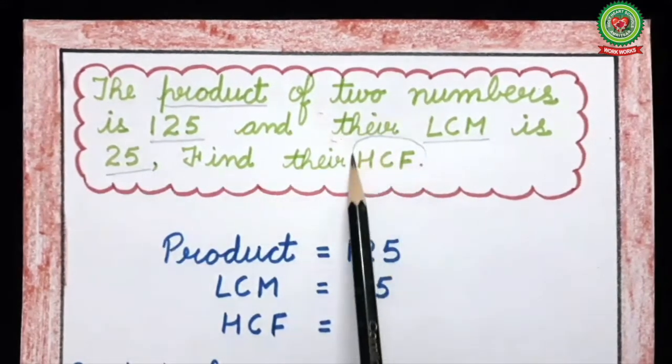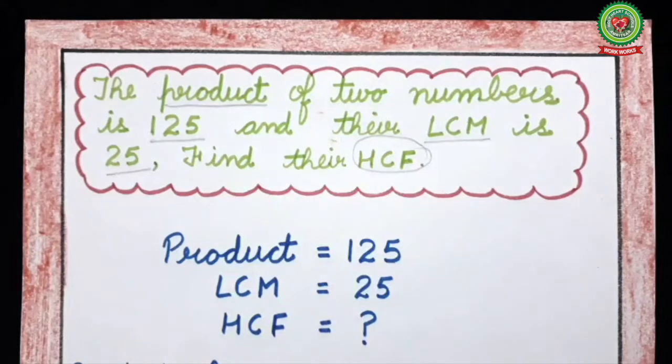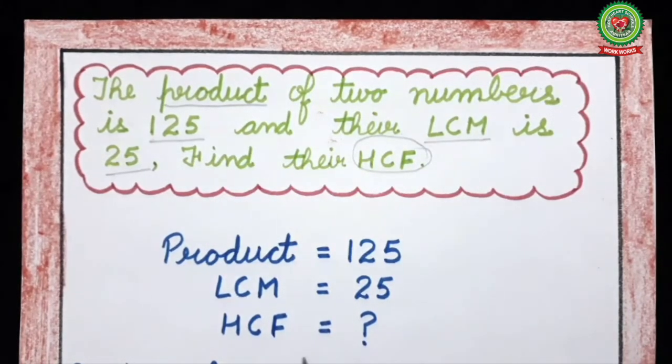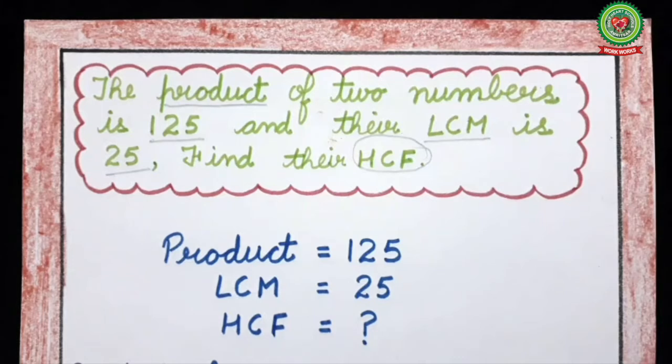We need to find the HCF. Firstly, we will write down whatever is given and what we need to find. We have given product is equal to 125, LCM is equal to 25, HCF is equal to question mark, which we need to find.